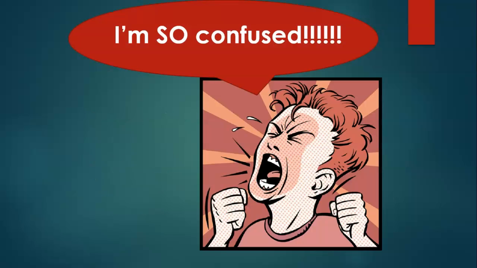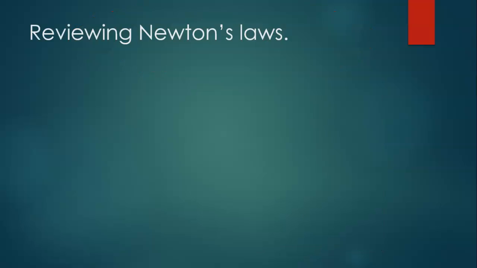I get it. Again, Newton's third law is the easiest to memorize, but I think in a lot of ways it's the hardest one to understand. Let's go back and take a look at Newton's laws.